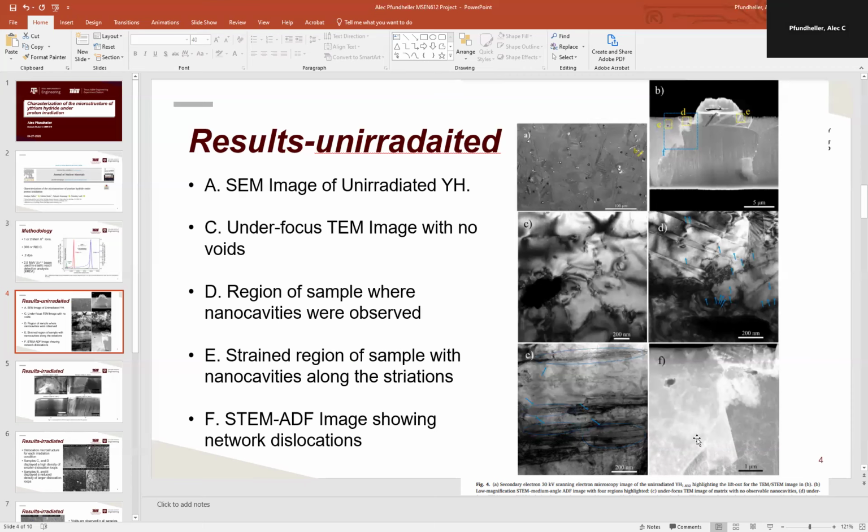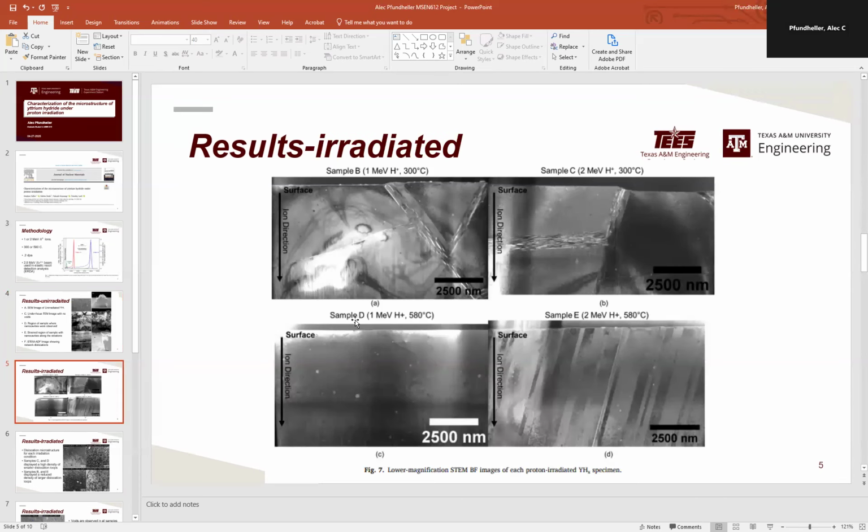And then finally, we have a STEM annular dark field image showing network dislocations. That look pretty cool. So after they irradiated, we have 4 different samples at 2 different irradiation energies and 2 different temperatures. First off, you can see this little line here, 3 microns depth of the sample, on all of these TEM images.